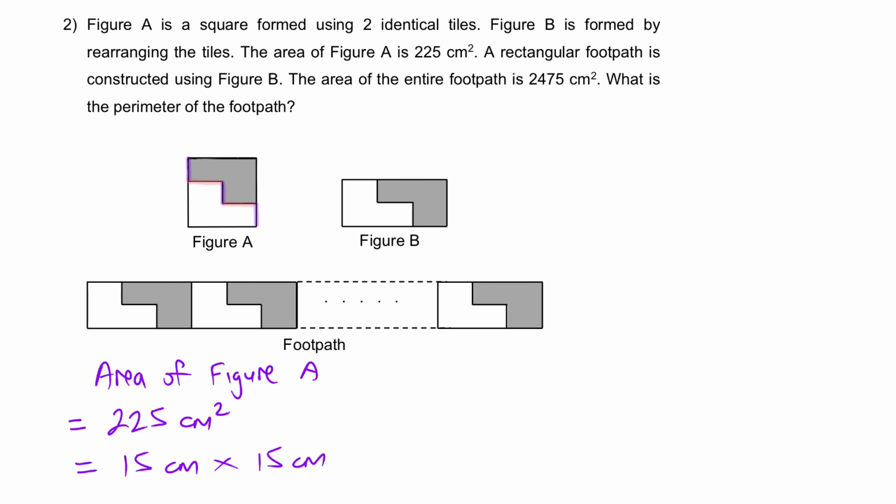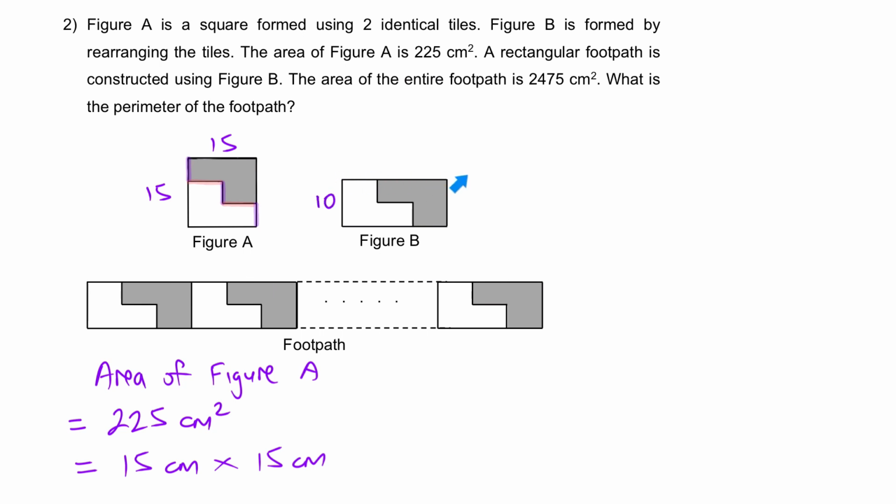So this is 15 centimeter. 15 centimeter. And earlier on, we mentioned that we can split it into 3 equal parts, which means this is 5, 5, 5. On figure B, this will be 10.